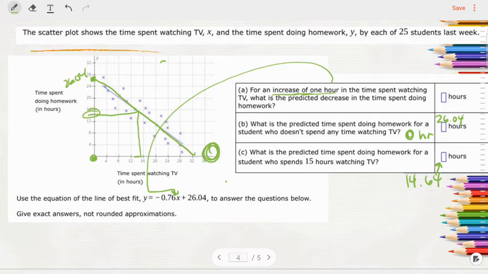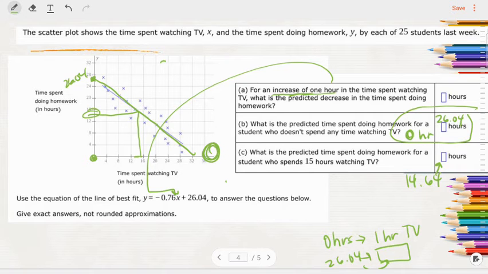They're saying, what's the increase? If I go from 0 hours of watching TV to spending 1 hour watching TV, how much does my homework change? Well, we know for 0 hours of TV, I do 26.04. So how much is that change? I can plug in a 1 right here.